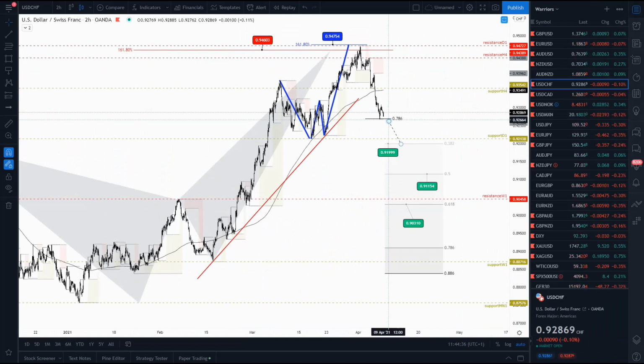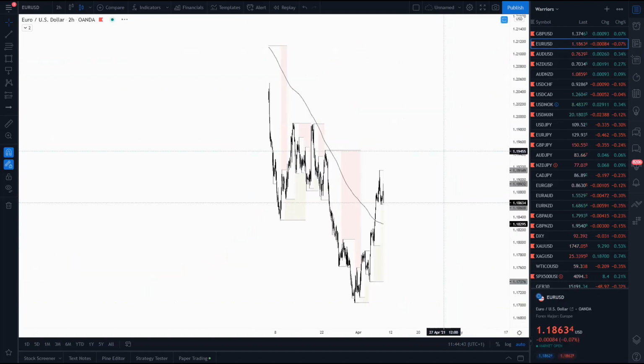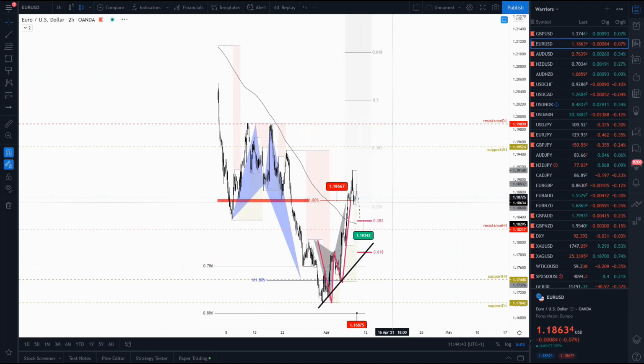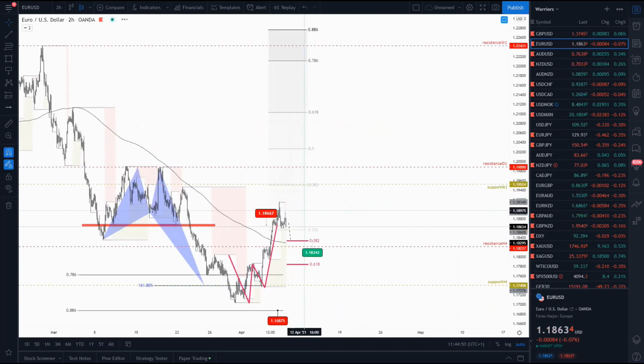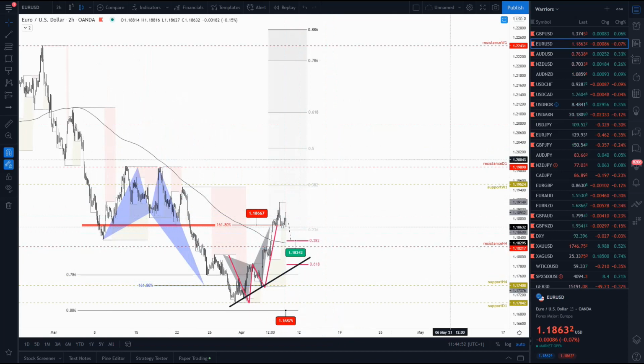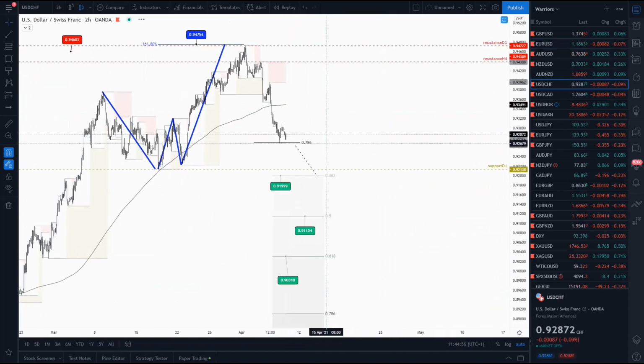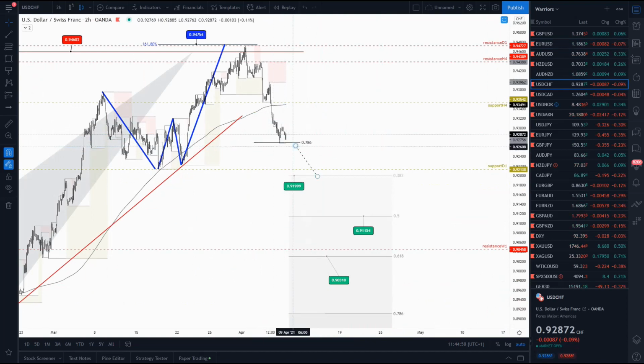Of course, as I said yesterday, if that happens, that will suggest also more upside momentum for euro versus dollar, which has already completed the bearish sharp crab pattern, as I mentioned before. CHF is inverted with euro, so if euro dollar starts to fall, of course, CHF will bounce from the 78.6.